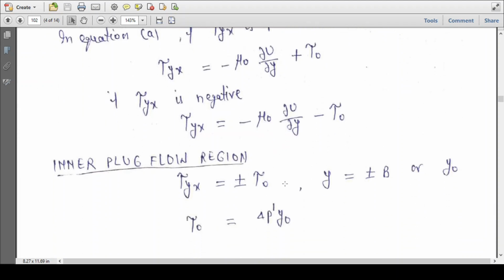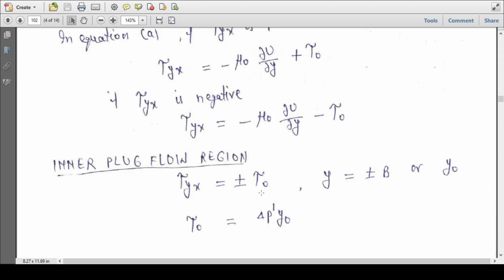In this case, there would be a region in the center between the two plates where the velocity remains constant for some distance, and after that it keeps on decreasing, because you are moving close to the fixed plates, which are stationary.